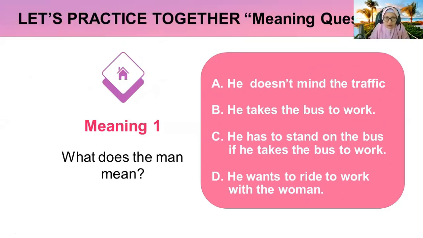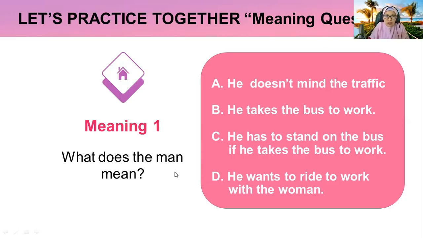I will give you the example for two questions and also two conversations, and then you are going to choose the best answer from the four choices. This is the question from the speaker after the conversation has finished.